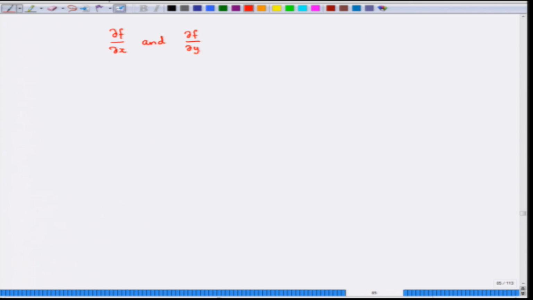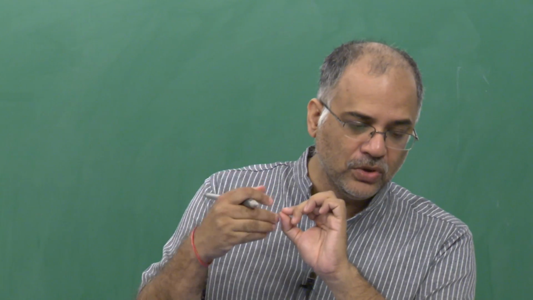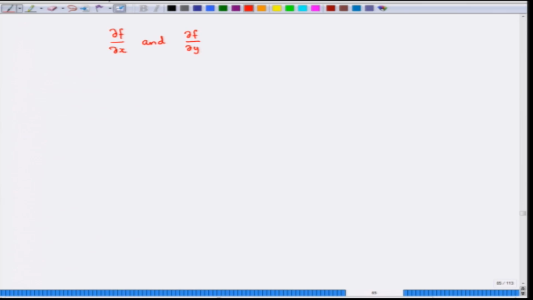There must be a feeling that okay, del f del x is just a function of x and del f del y is just a function of y, but no, both are functions of x and y. You are holding y fixed for that moment, but actually you can give whatever values of y you want, right. When you have computed the value of del f del x, you can keep on giving whatever value of y you essentially want.